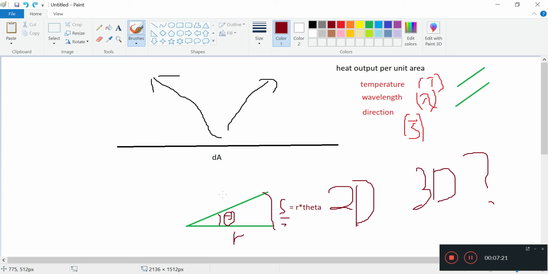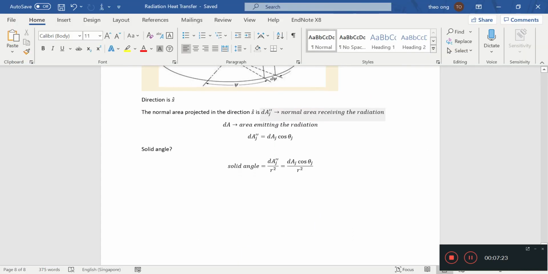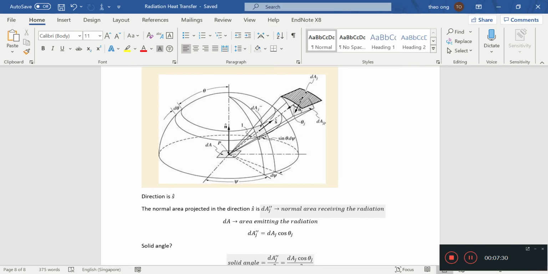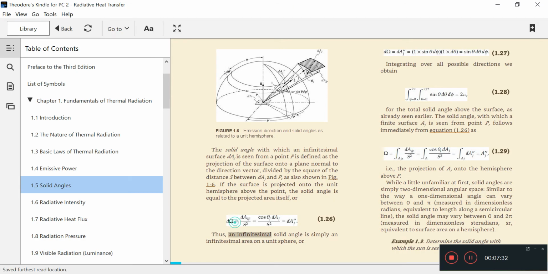You should already know this, so I'll run through it very quickly. So how do we have that? If you take a look, this is what they are writing here. I think in this text they may have used the dAj double prime to represent the solid angle, because they put d omega equals dAj prime, but maybe their meaning is different.